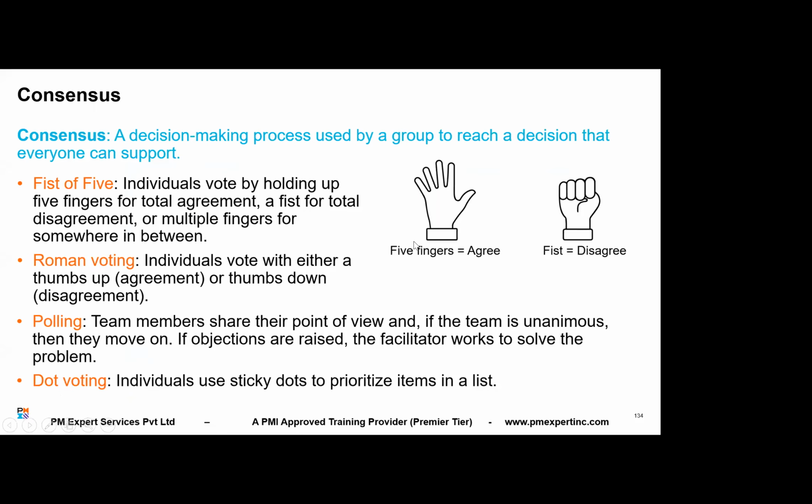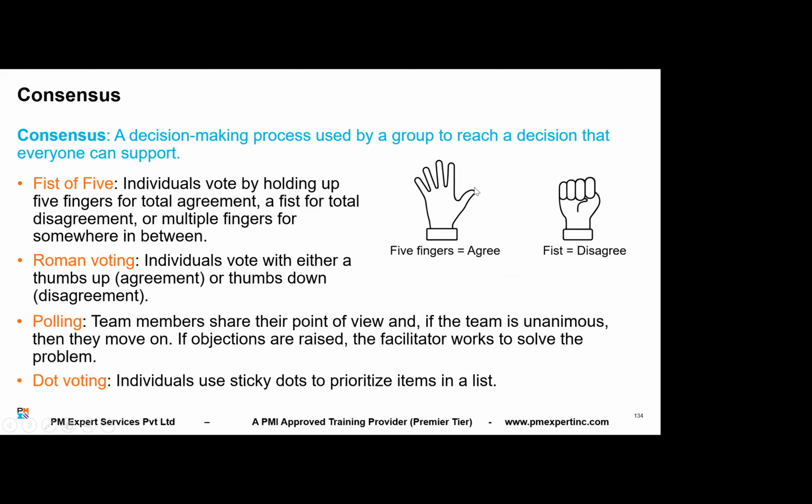Can you see this? No, we did not go through this. So this is fist of 5. Like this. Now, in fist of 5, if I display all 5 fingers, that means I agree by 5 points, right? If I don't show any finger like this, that means I disagree. For example, if we are 6 people here, the total number of votes that we have is how many? 30.